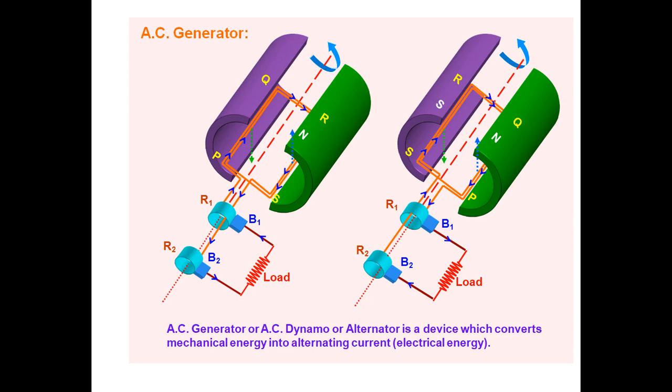The R1 ring is connected to P of PQRS, the armature, and S is connected to the R2 ring. The R1 ring is connected with the B1 brush, and the R2 ring is connected with the B2 brush, and B1 and B2 both are connected with the load.